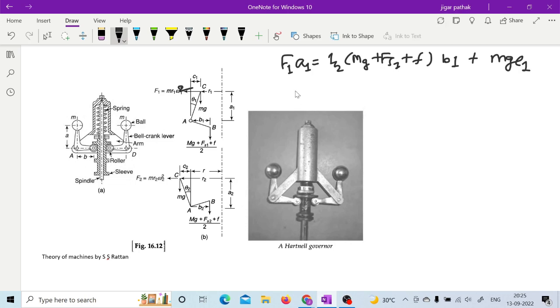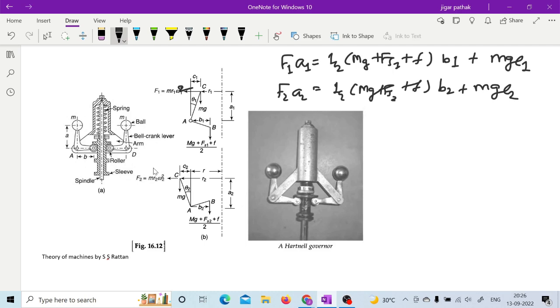Similarly for f2 a2 also you can write that 1/2 is mg plus fs2 is f into b2 plus mg c2. Right, now if you consider that this a1 a2 are almost equal, and this b1 b2 are almost equal, and you can consider c1 c2 are very negligible, almost 0.